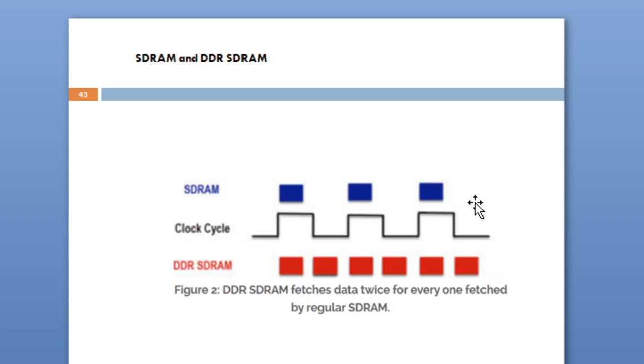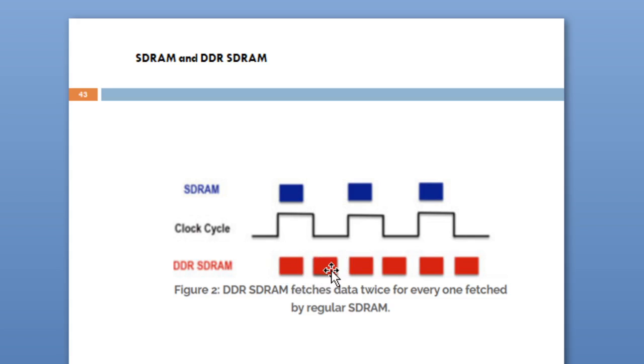So in this diagram you can see this is the clock. Here we are considering 3 clock cycles, meaning each clock cycle has one positive and one negative side, this is the rising edge and this is the falling edge. In a standard SDRAM, only on the positive side or the rising edge are the data blocks transferred, but in double data rate SDRAM, you can see one data block on the rising edge of the clock cycle and another data block on the falling edge.